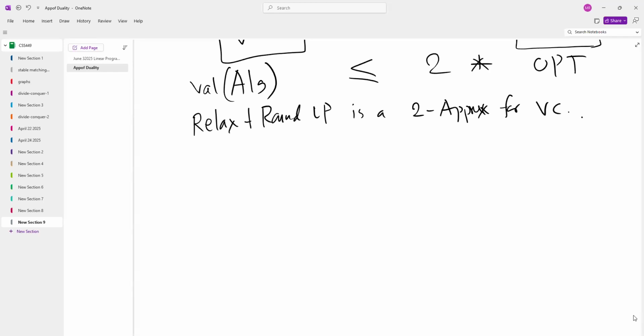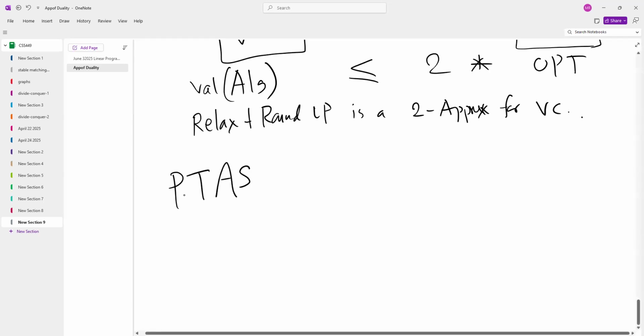Now not all approximation algorithms are really this easy, right? There are much harder approximation algorithms. In some sense there are problems that are even hard to approximate. In some cases we can make the approximation arbitrarily good, and this is also known as the FPTAS, fully polynomial approximation scheme. But there are problems that are even hard to approximate.